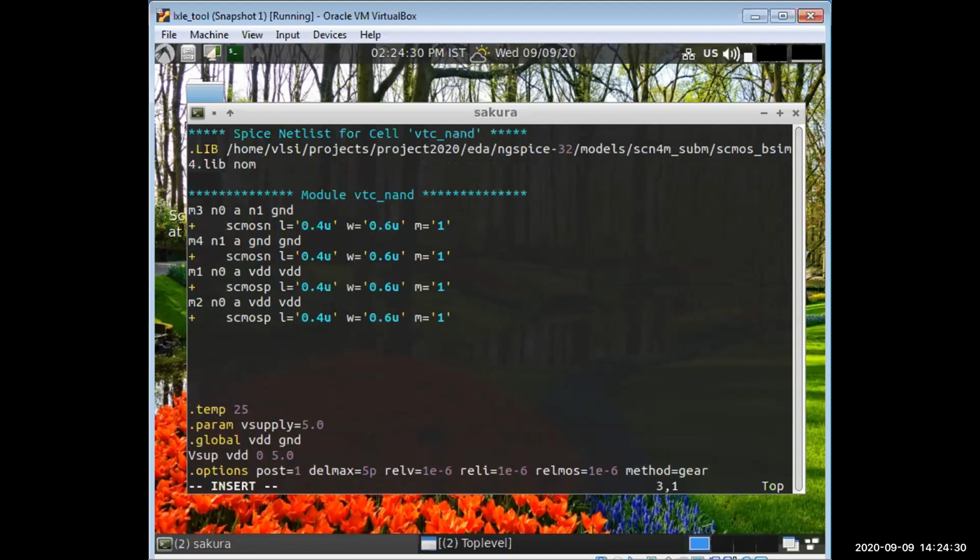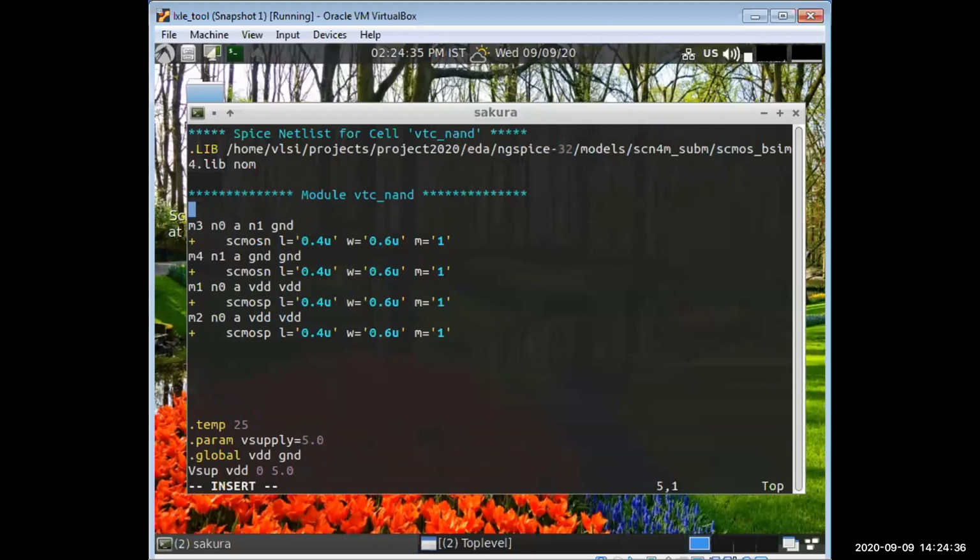Now what I'm going to do is the 3 cases in this same netlist. So I'm specifying this whole NAND gate as a subcircuit with the command .subckt. You can name the subcircuit whatever you want. I'm naming it INV1.